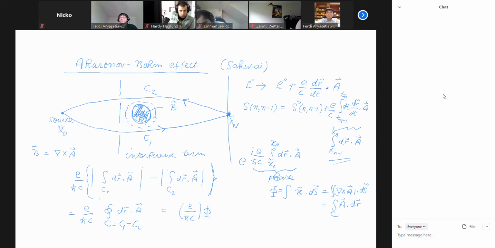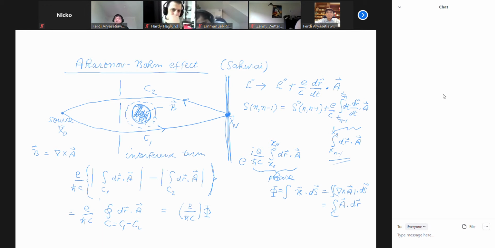So it's not zero. This means that we will see some effects of this magnetic field on the interference pattern that one sees on the screen here. If we change the magnetic field, then one should see a change in the interference pattern because this interference term is not zero, it changes with the magnetic field.